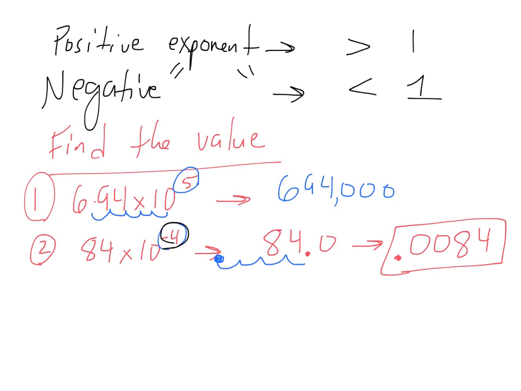Okay, let's go the other direction. Let's go from standard notation, and let's go ahead and put numbers in scientific notation. Now, what exactly is scientific notation? Well, it's a tool that we use.